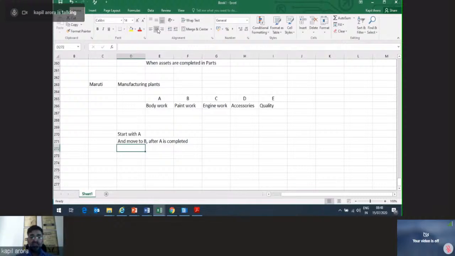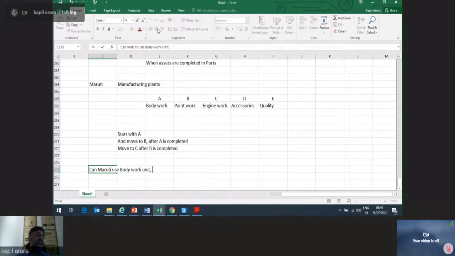They will move to C after B is completed, and so on up to E. Now, can Maruti use this plant without all 5 units being completed?